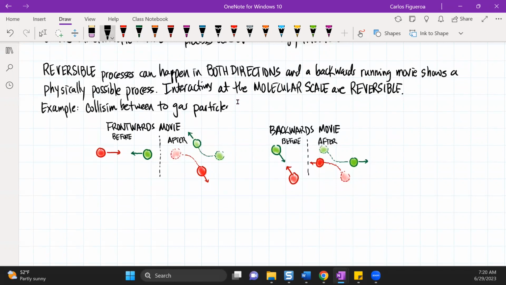So what we're seeing here is that in this case, you cannot tell which are going forwards or backwards.